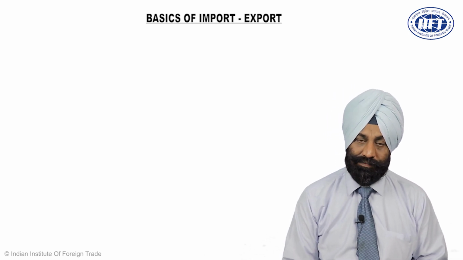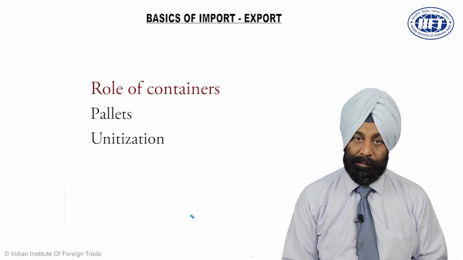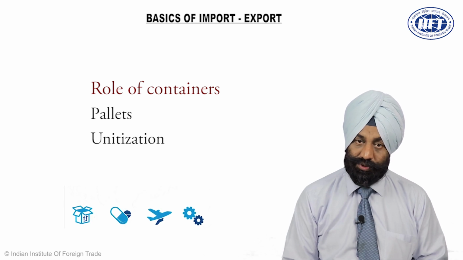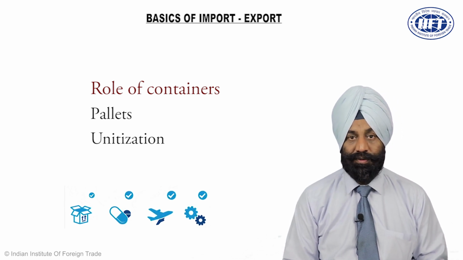And in addition to that, the role of hard infrastructure such as dry ports, and then several modes of transport, how goods move from one country to another country, role of containers, pallets, then unitization. So these are the issues which we are going to deliberate today.